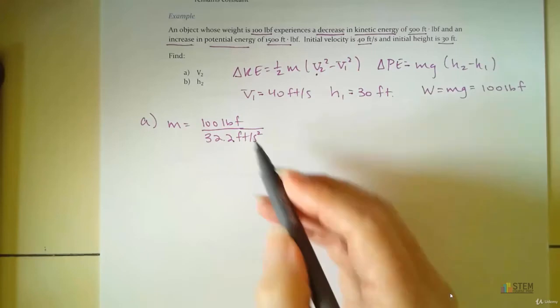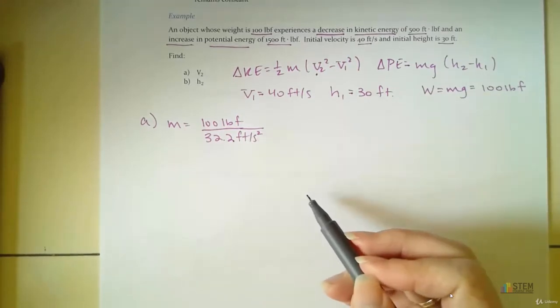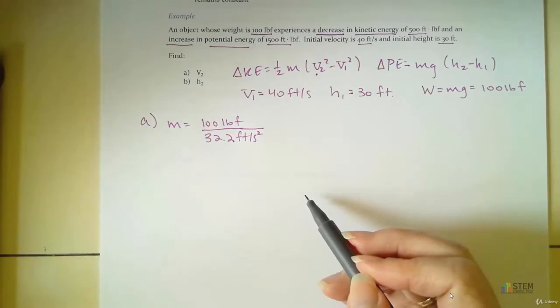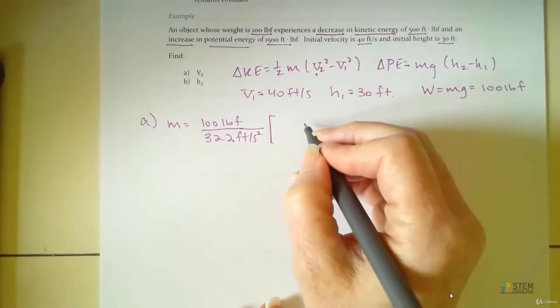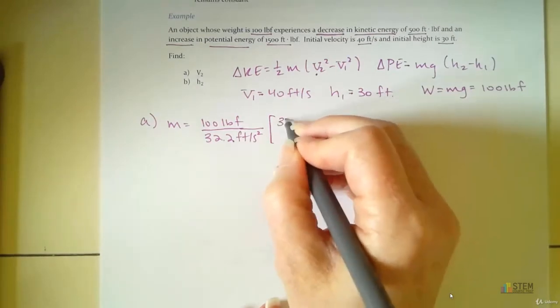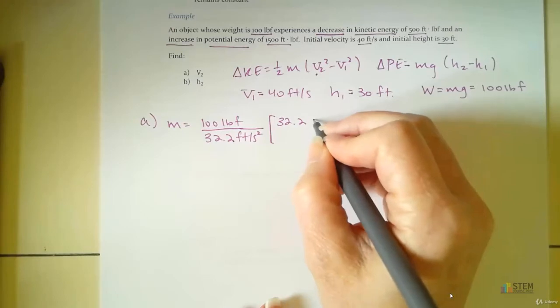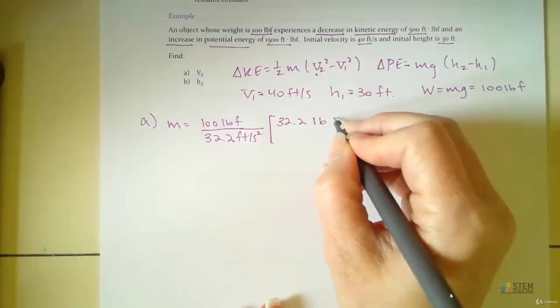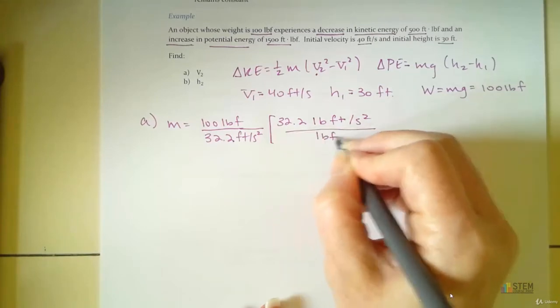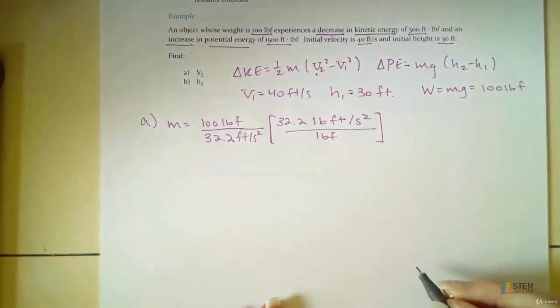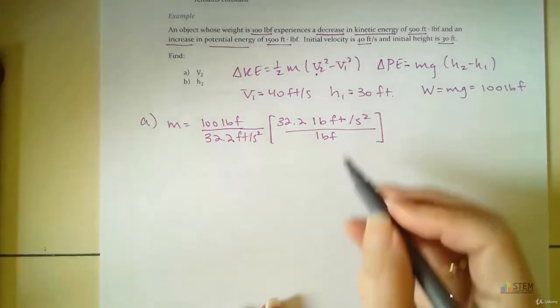All right, now if you look at your units, there is not a unit of mass there. Okay, so that's where you're going to use that conversion I talked about when we did the units. So just to show you where it comes from, we're going to multiply this by 32.2 pound foot per second squared over pound force. Okay. So this is why students don't like the English units, because they have all these weird conversion things going on.